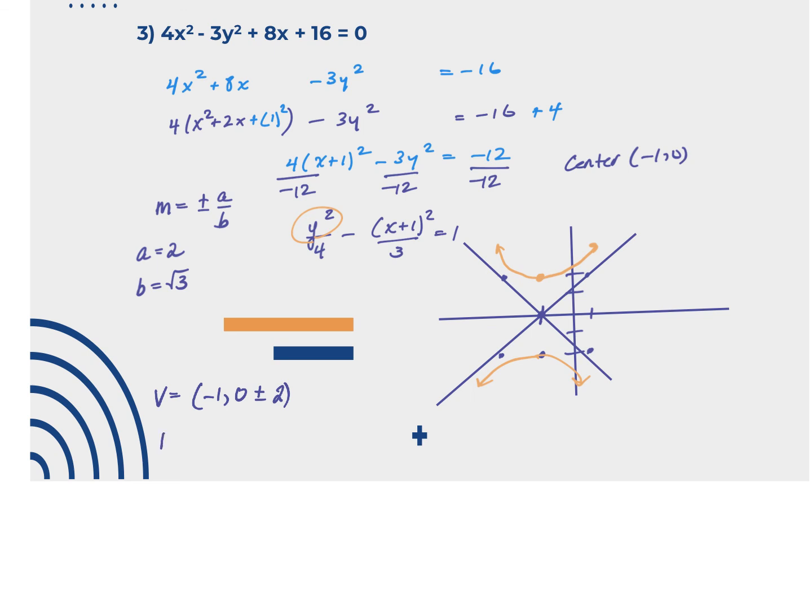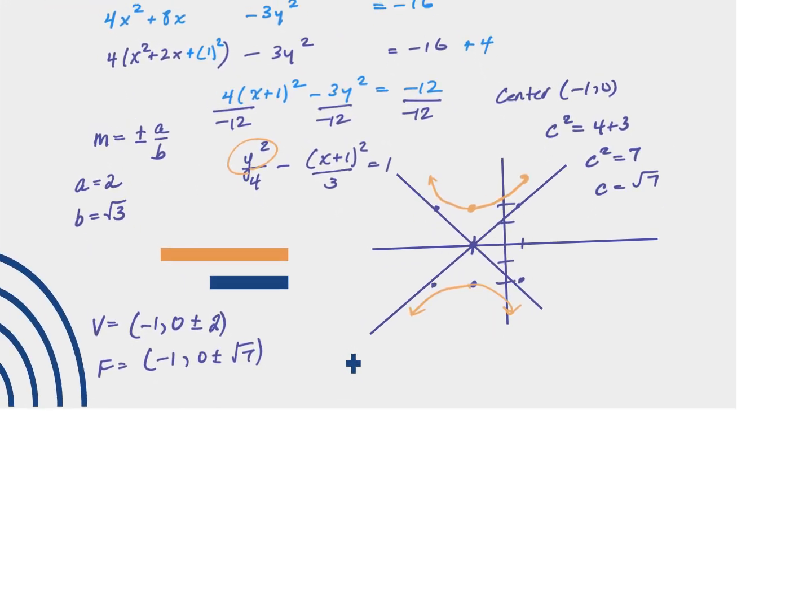The focus, it's going to be c squared equals a squared plus b squared. So c equals root 7. So the foci are going to be negative 1, and then 0 plus or minus square root of 7. And lastly, you want to make sure that you get the asymptotes.